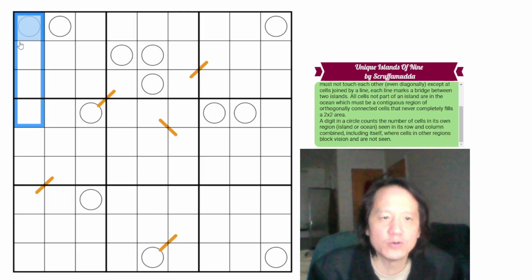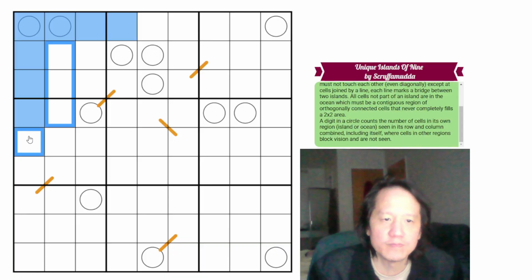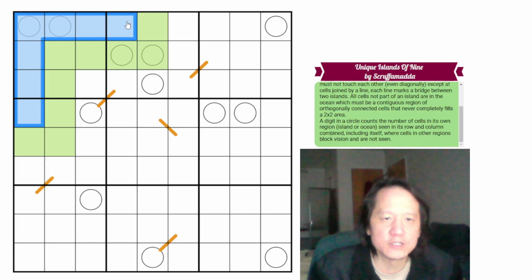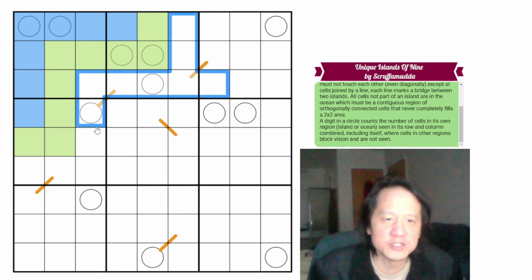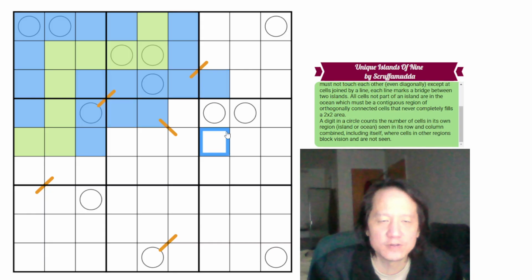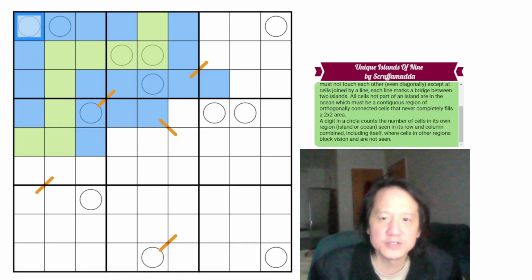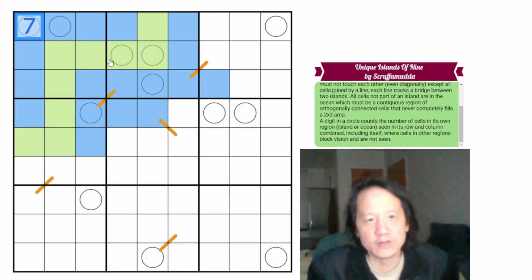So, for example, if we had an ocean like this, and the rest were just for example, let's just say this was ocean. This is not legal, but we're just trying something out. This would see 1, 2, 3, 4, 5, 6, 7 cells that are in the same region. So that would be 7 specifically.